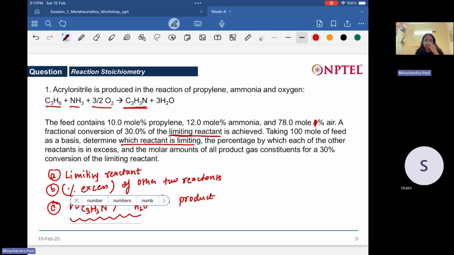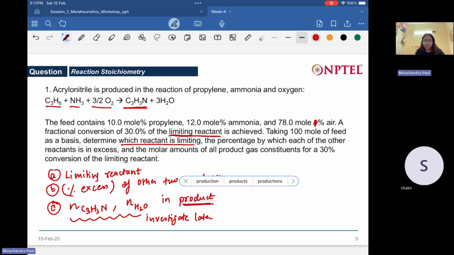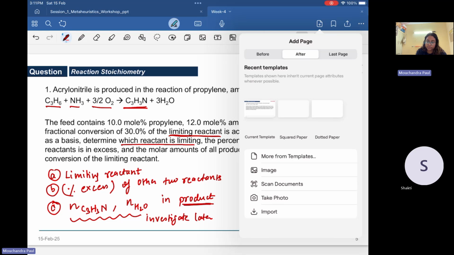If some reactants are unreacted, they will also come out. We will later investigate what the other components in the product are. Whatever the components of the products, we have to find the molar amounts, the number of moles. So let's start.